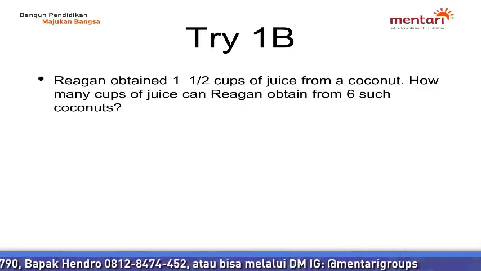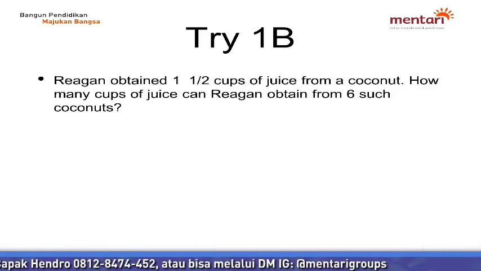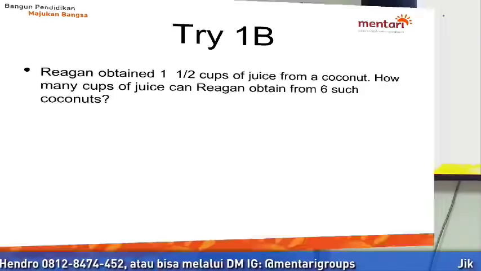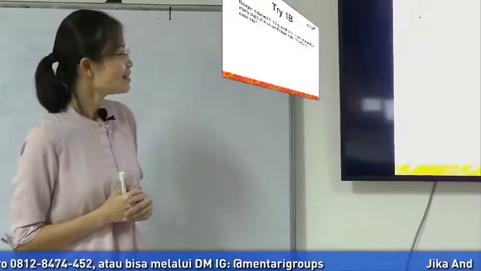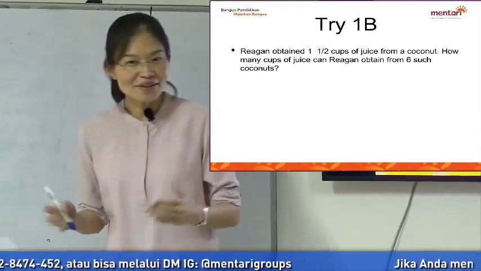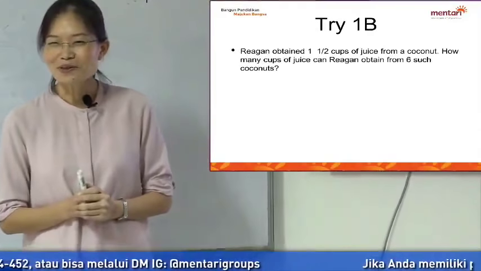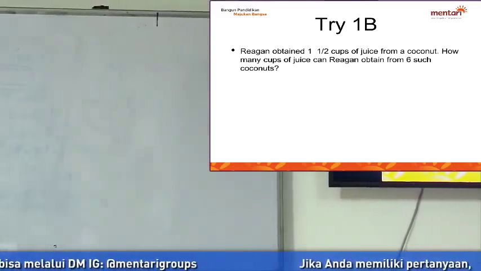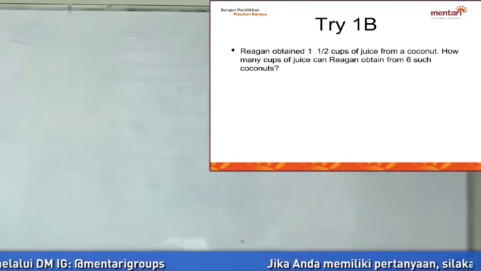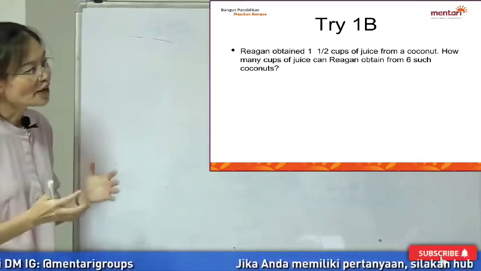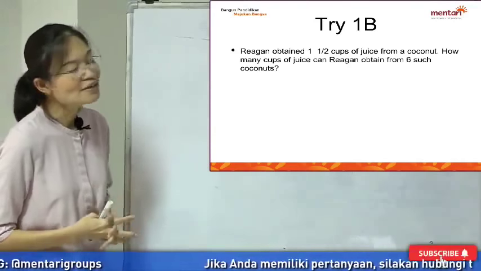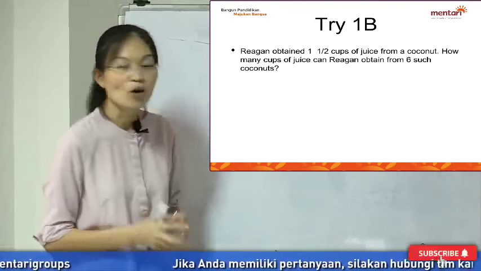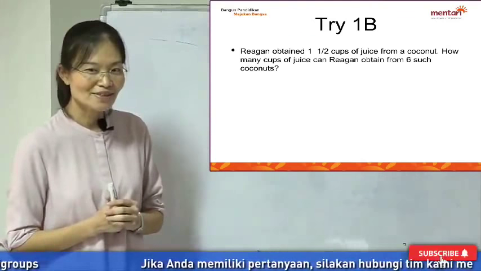How many cups of juice can Regan obtain from 6 such coconuts? All right. We can use a bar model to solve this problem. That means Regan gets 1.5 cups from every coconut, correct?